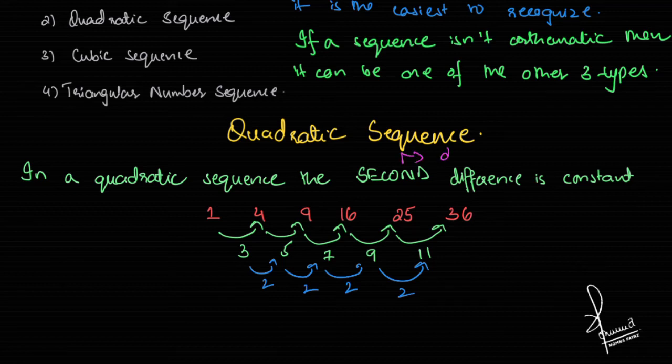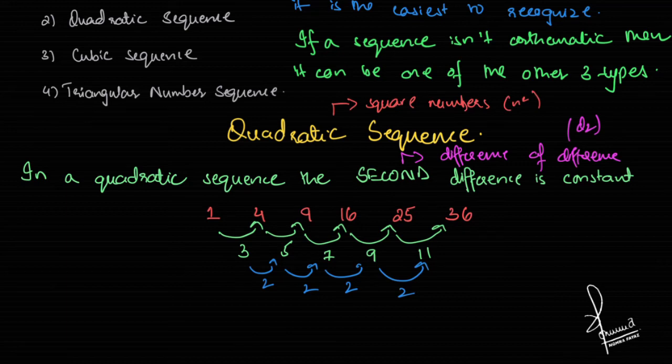और second difference क्या होता है? Difference of difference, and you usually denote it as D2. Quadratic sequences usually deal with square numbers, या इनके expressions में usually आपको n square नज़र आएगा.